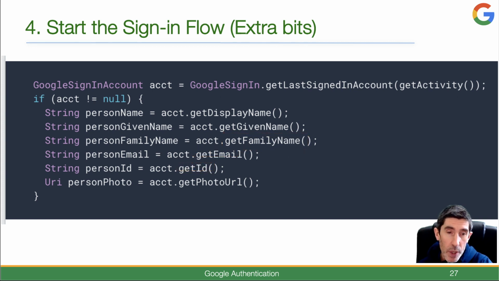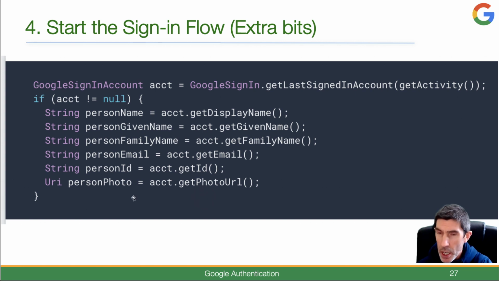This is relevant for us. We also have a get photo URL. So there's a photo URL property that we will be accessing via Kotlin, and that will give us a URL of the user's Google profile pic, which we will then store in Firebase, specifically in storage.